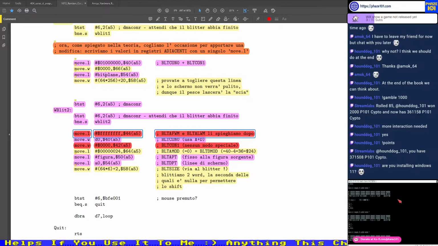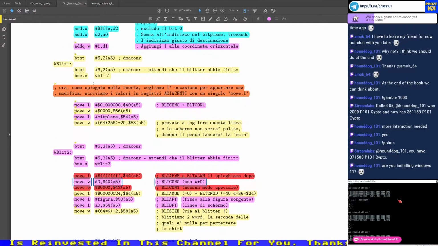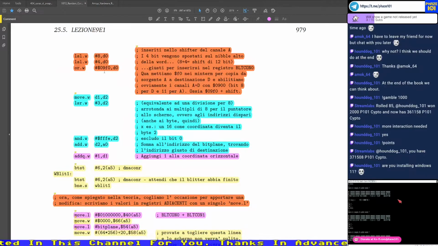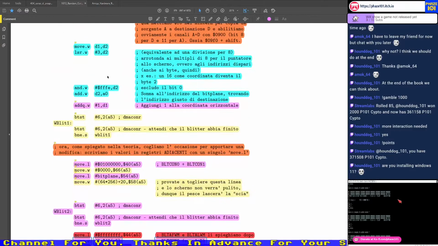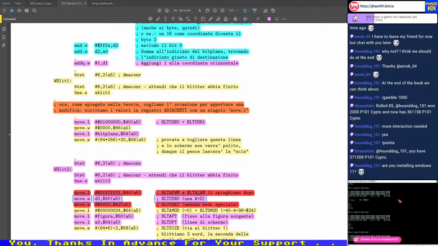Then we do blitcon 0, where you remember we calculated the number here, where we say what our shift is, what channels we are using and what our minterm is. So we have that.